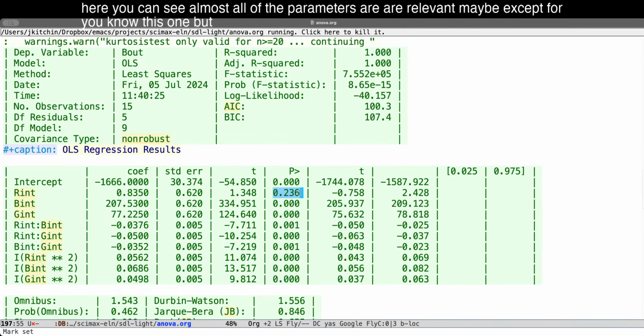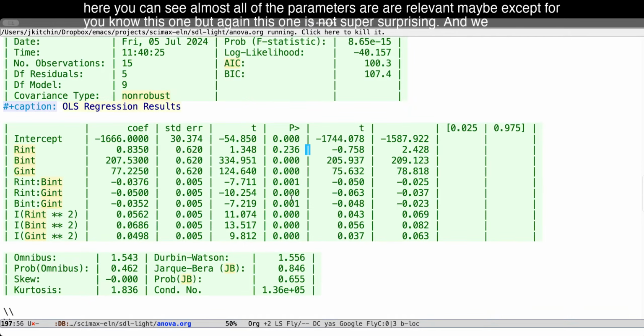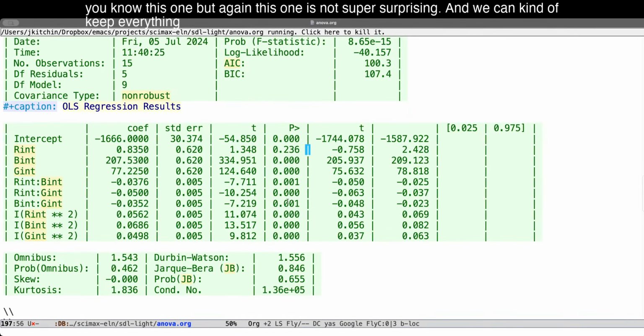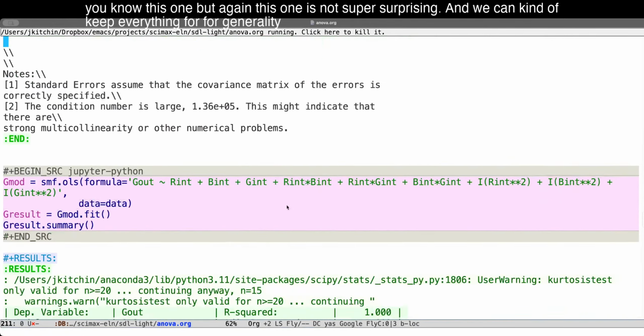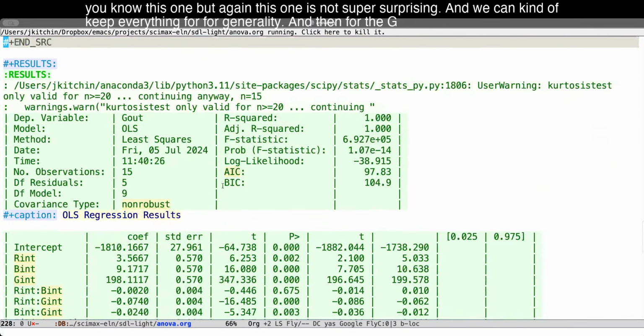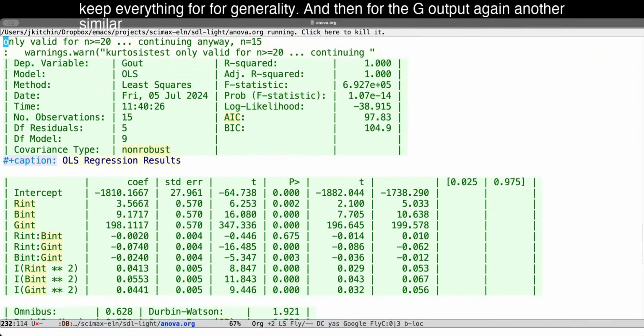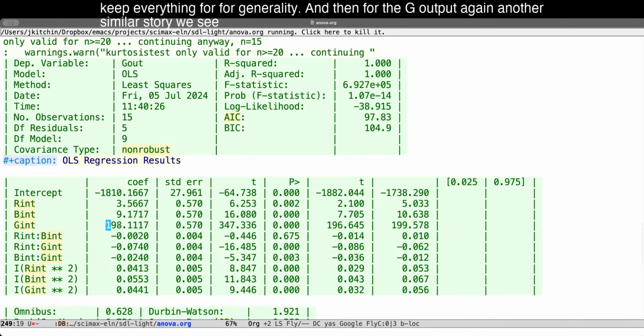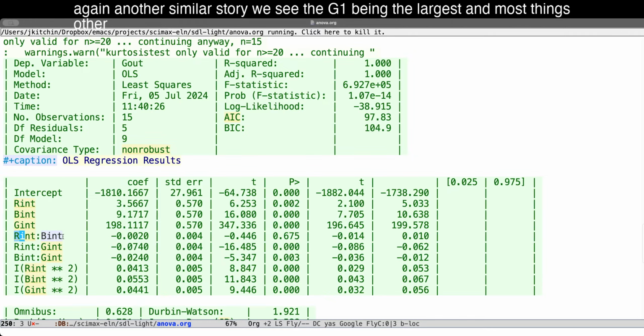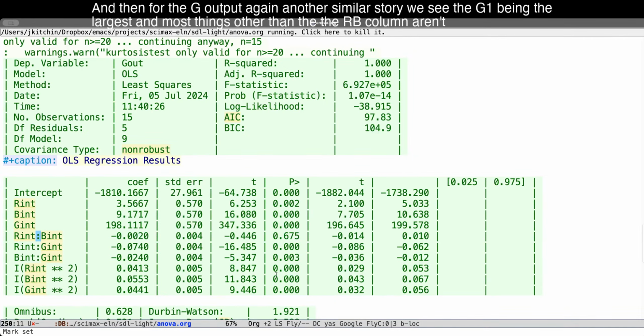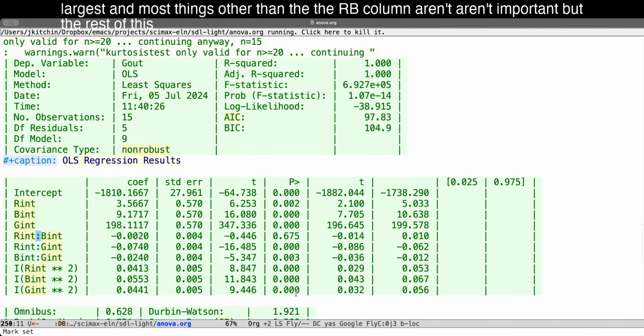But again, this one is not super surprising, and we can kind of keep everything for generality. And then for the G output, again, another similar story. We see the G one being the largest, and most things other than the RB column aren't important, but the rest of the parameters are considered significant.